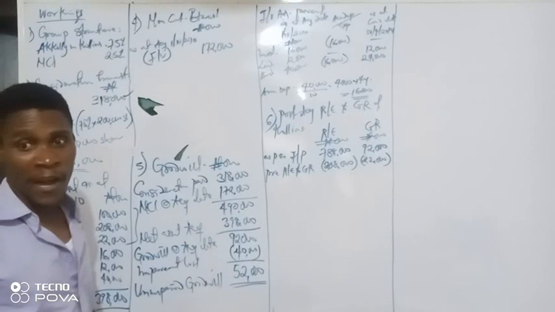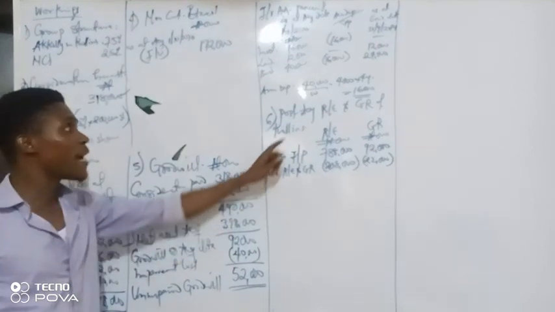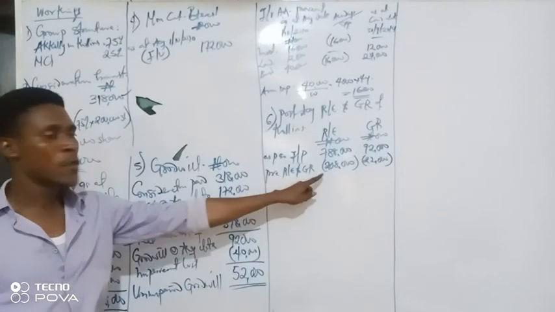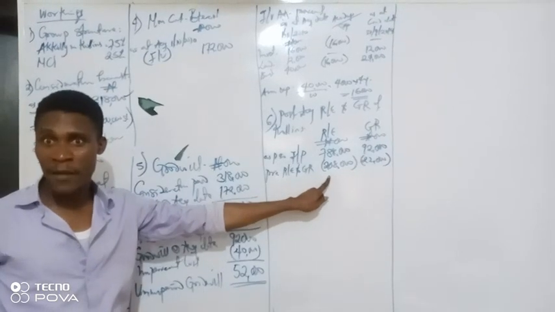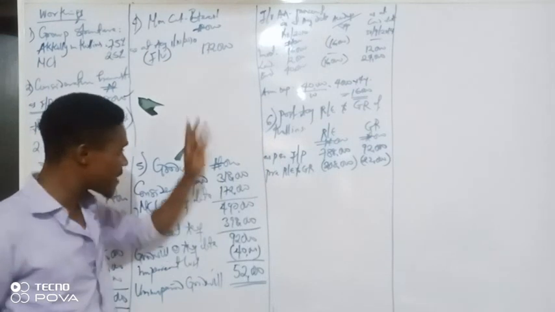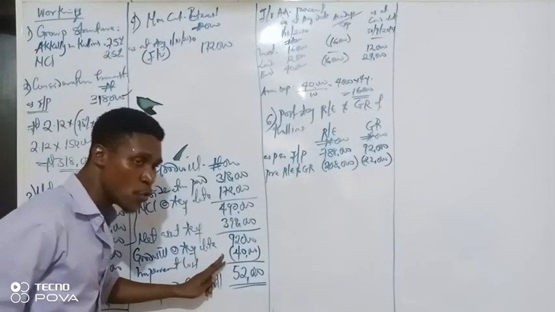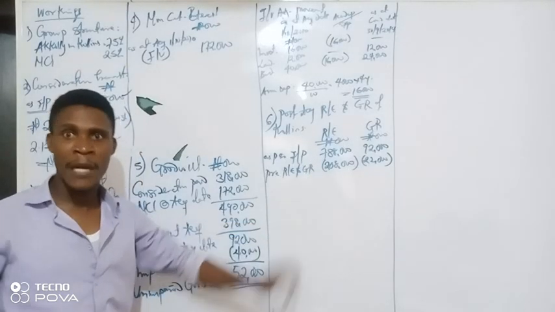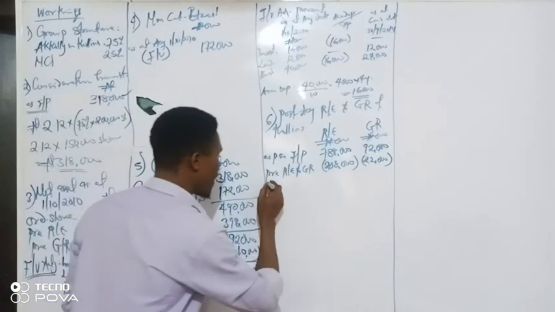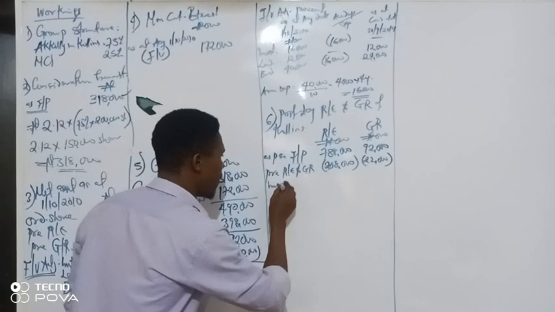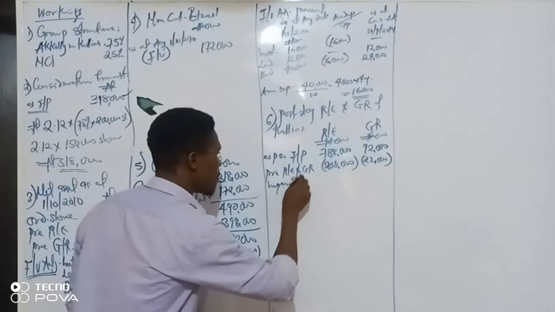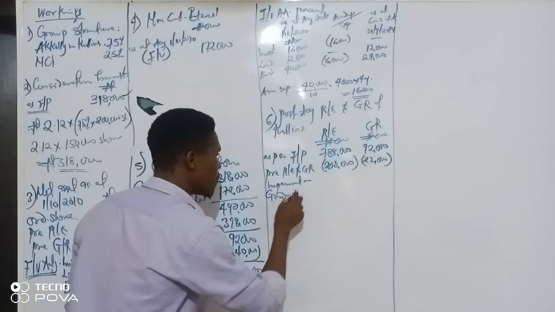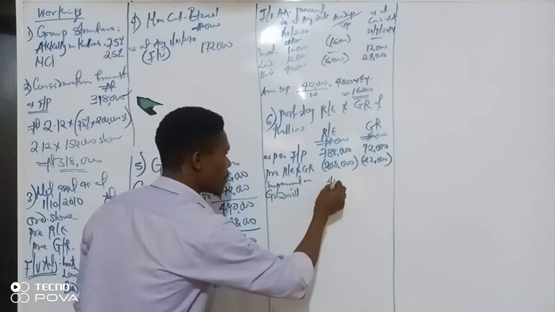Before I forget, NCI is measured at fair value. So the impairment loss of goodwill has to be brought to the subsidiary so that they can share it. So impairment on goodwill, 40,000.